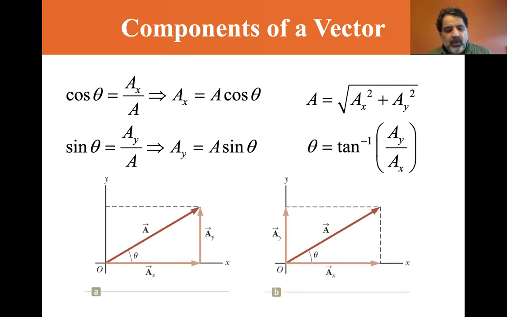You have to know what quadrant you're in, and it's good to do a sketch so you can look and say, is that reasonable? Does it look like 30 degrees, or does it look like 210 degrees? We'll get more practice on that when we do the vector table.